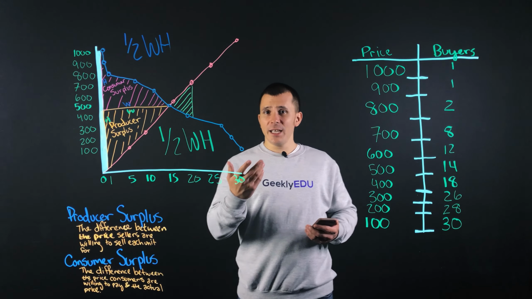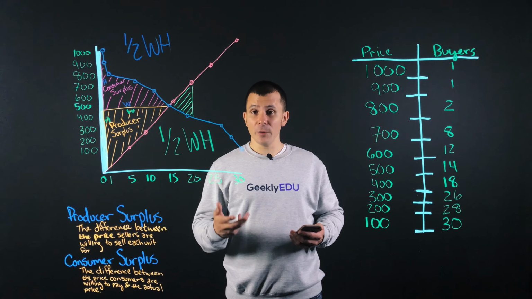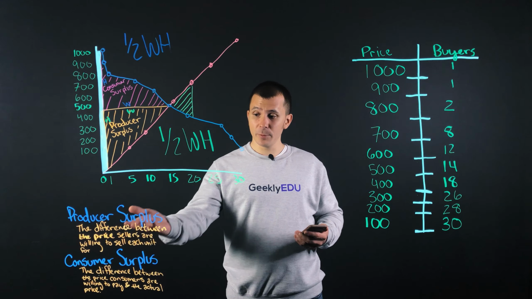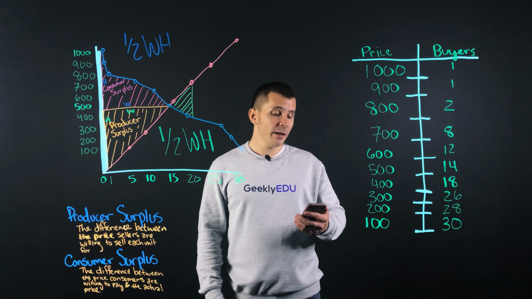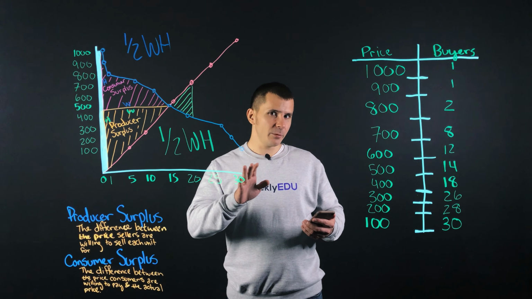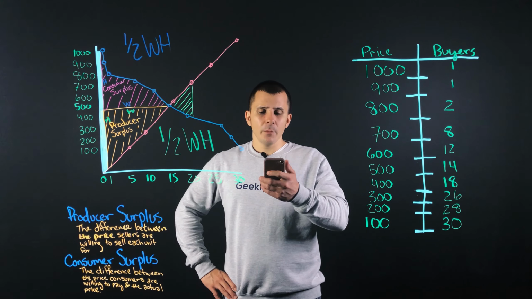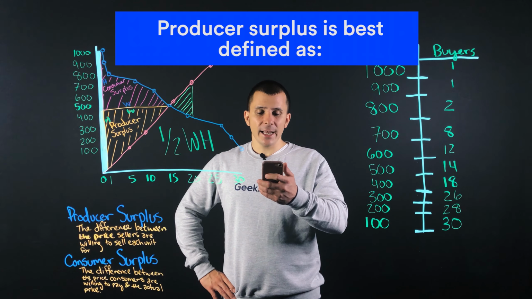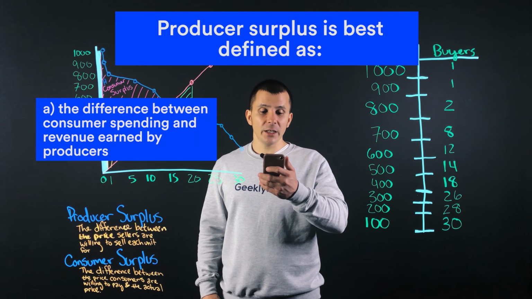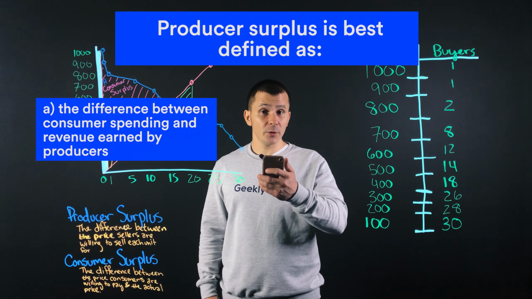Imagine you were taking your test or quiz for economics and we were talking about producer surplus or consumer surplus. Let's go through a question really quick and see what your answer would be. I'll test your knowledge with this, then I'll give you the right answer. Producer surplus is best defined as A, the difference between consumer spending and revenue earned by producers.